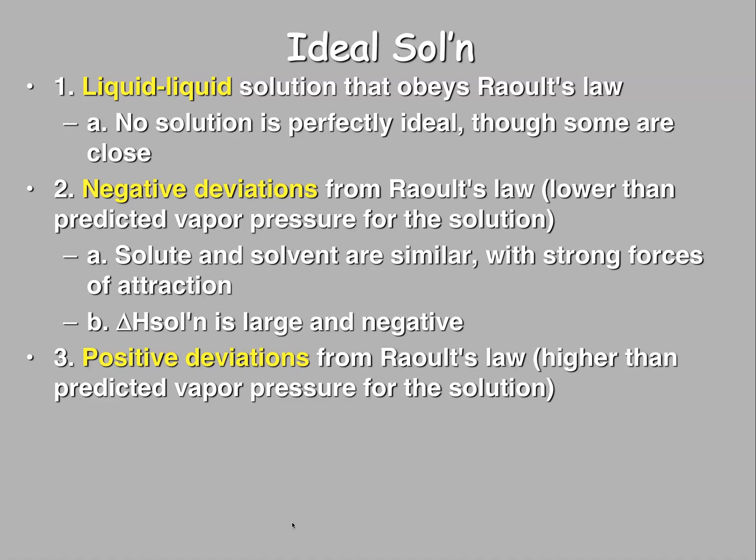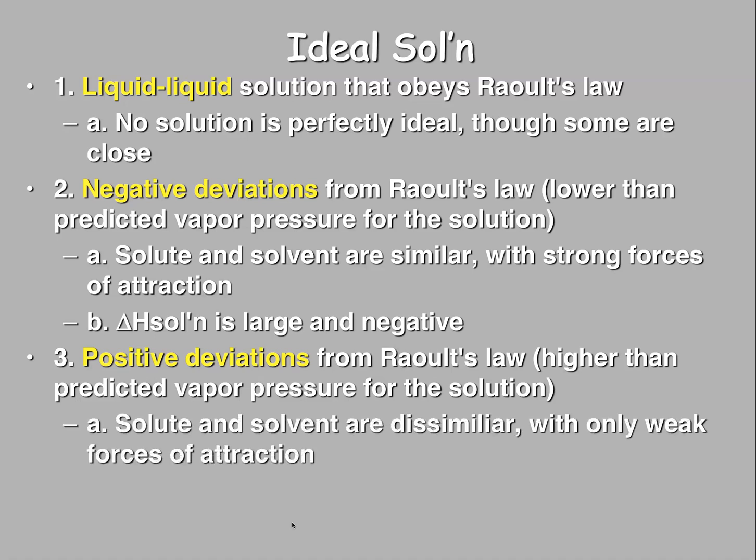Now, conversely, we're also going to have positive deviations from Raoult's law, where we put our calculations in, we get a number, we conduct the experiment in a lab, and we get a vapor pressure that's actually higher than predicted. Well, because of solute and solvent, they're going to be dissimilar with only weak forces of attraction. Now, when I say dissimilar, I'm not saying oil and water, because in a positive deviation, a solution still forms.